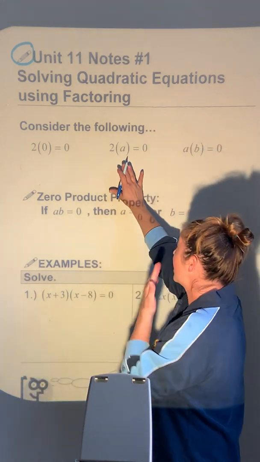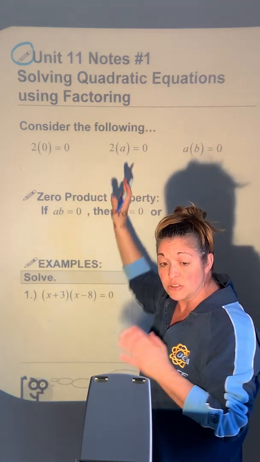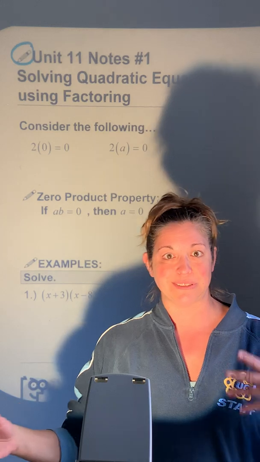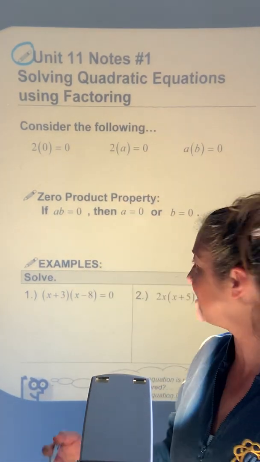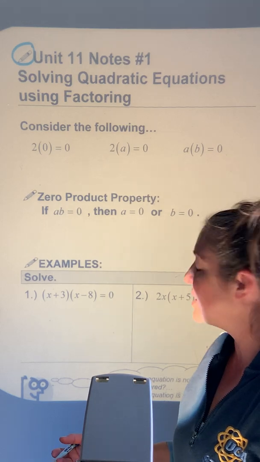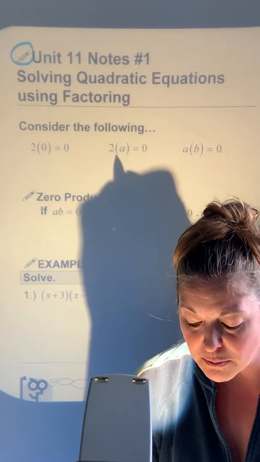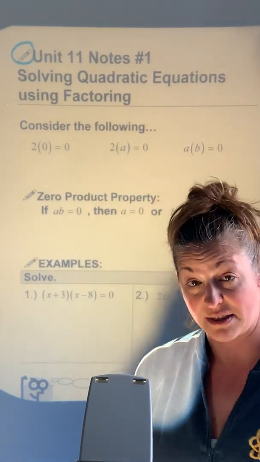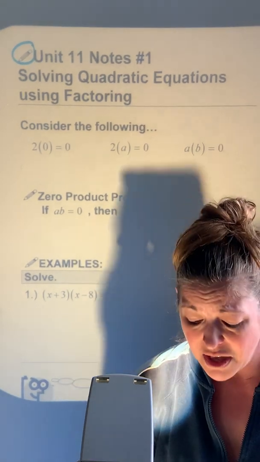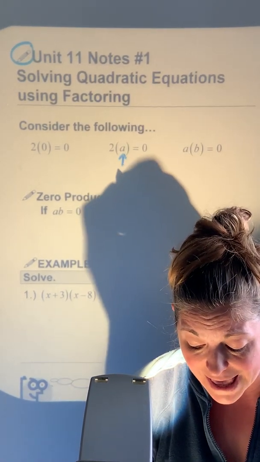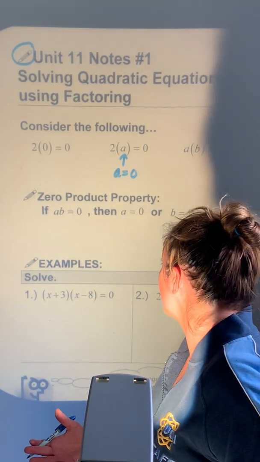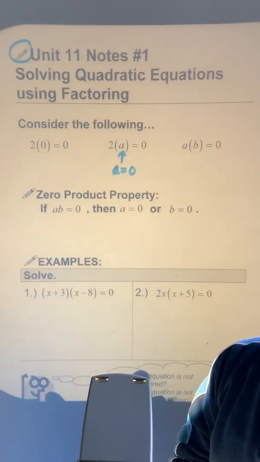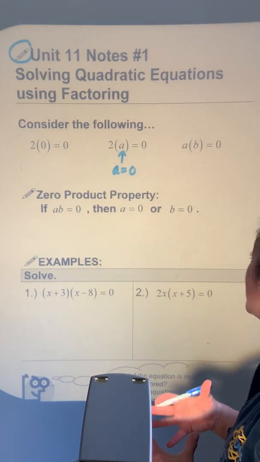Well, now notice how I changed it up for this second one. So now I've got 2 times some letter, I don't know what it stands for, but it still equals 0. Well, again, if two things are multiplied and their product, their answer, is equal to 0, then the only possible thing A could be would be 0. Now for the last thing over here, now I don't know one number.